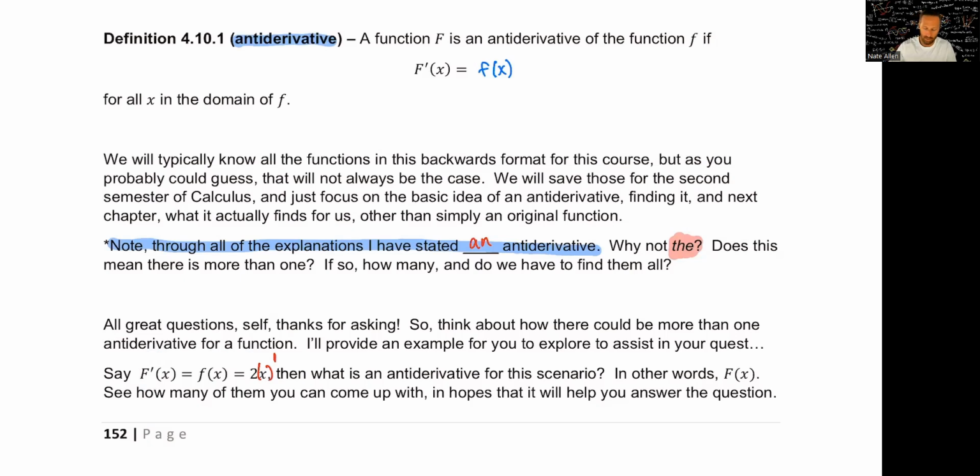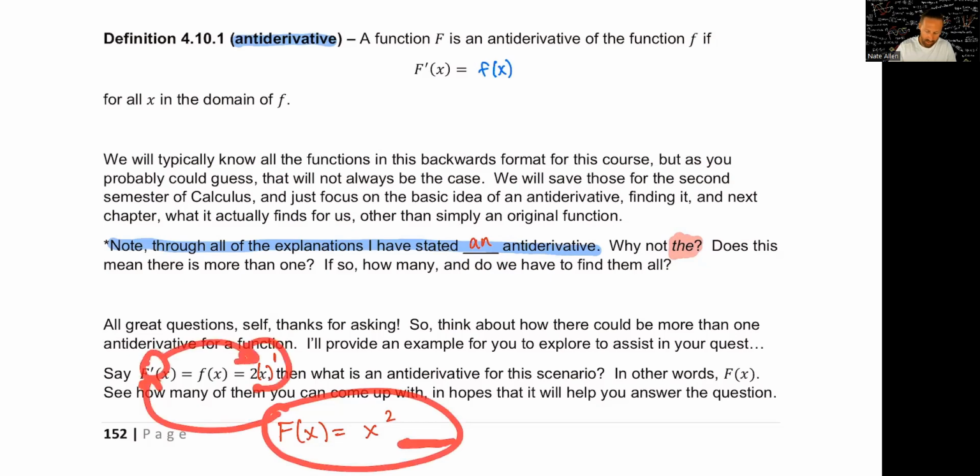So we are thinking that the original function, capital F of x, would have been x squared. How do you know if you're right? Take the derivative of that function, and that should give you what you started with. So this is what is called the antiderivative. But is it the antiderivative, or is this just one of many possibilities? Well, what else could I put here that would still, when I take the derivative, give me the 2x?